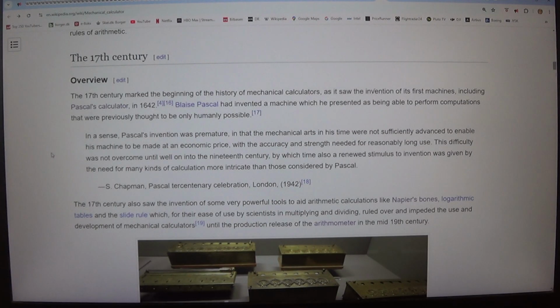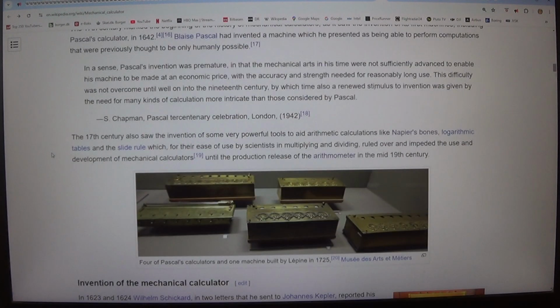Blaise Pascal had invented a machine which he presented as being able to perform computations that were previously thought to be only humanly possible. In a sense, Pascal's invention was premature, in that the mechanical arts in his time were not sufficiently advanced to enable his machine to be made at an economic price, with the accuracy and strength needed for reasonably long use.